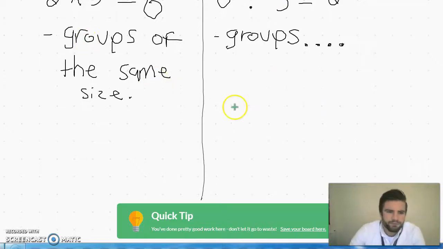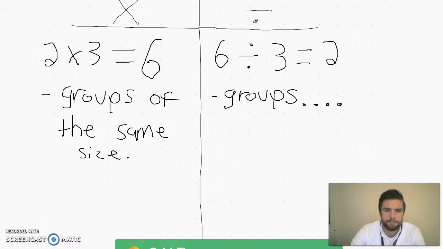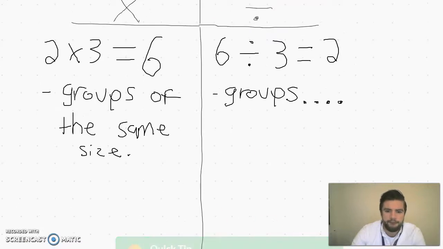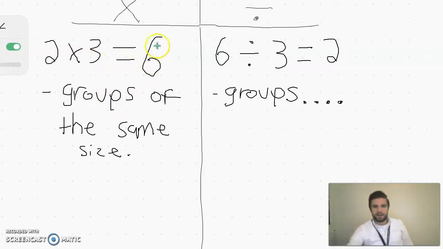So, the next thing we'll talk about is what 2 times 3 really means. When we do 2 groups of 3, the number that we end up with is bigger than the numbers we started with. So that's something that's always true about multiplication. The answer is bigger than the numbers.